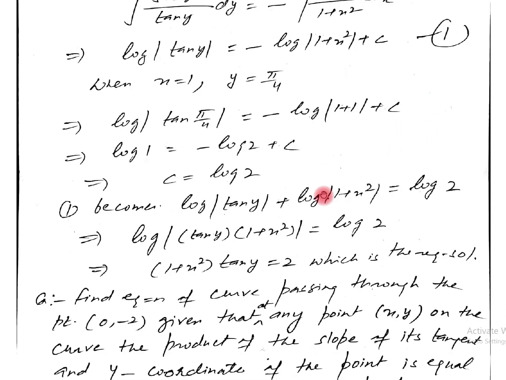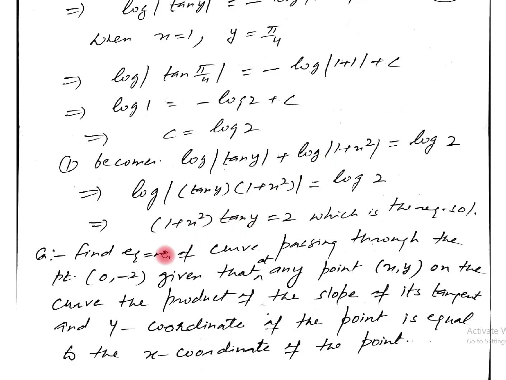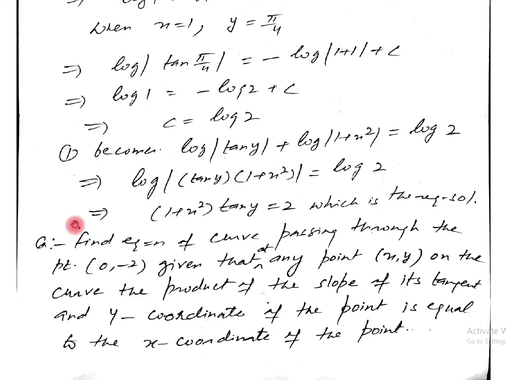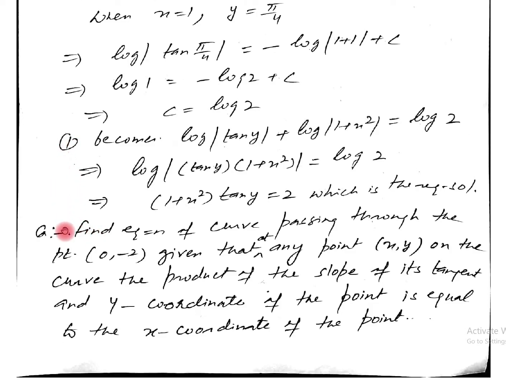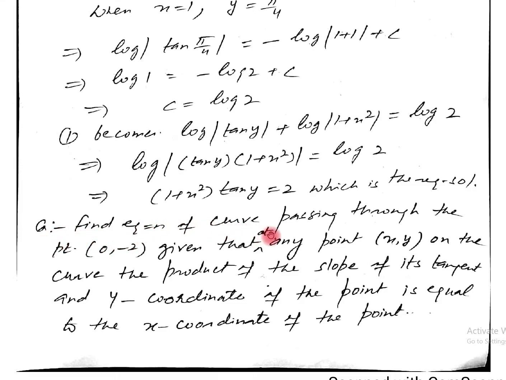Now let me consider a word problem from exercise 9.4 based upon separating the variables. Find the equation of the curve passing through the point (0, -2), given that at any point (x, y) on the curve, the product of the slope of its tangent and the y coordinate of the point is equal to the x coordinate of the point.